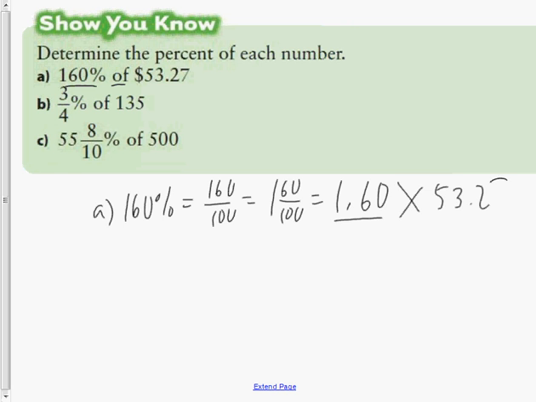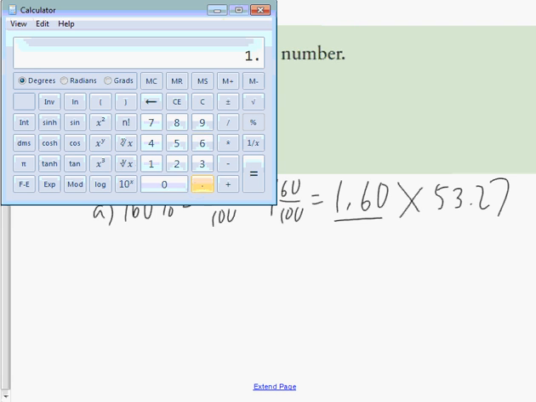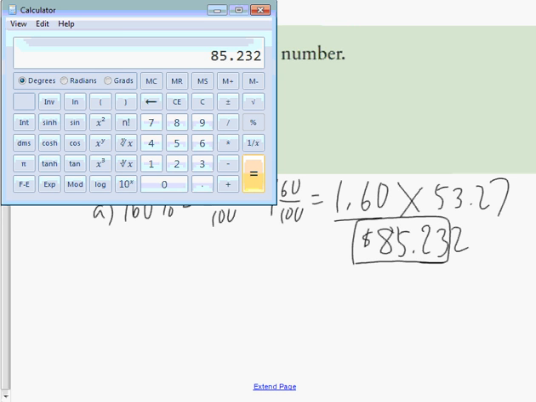So if I take a calculator and go 160% of 53.27, the calculator would tell me it's $85 and 232 thousandths of a dollar. If I'm thinking about money, I just want 2 decimal places, so approximately $85.23. I'm not going to round it up.